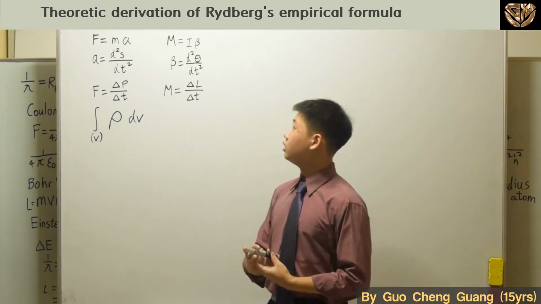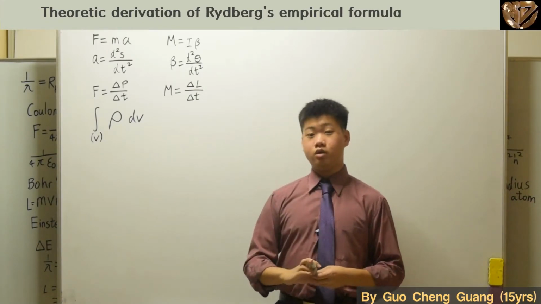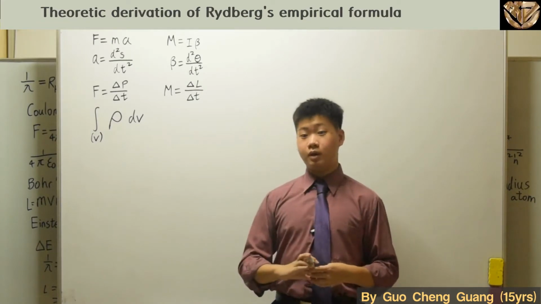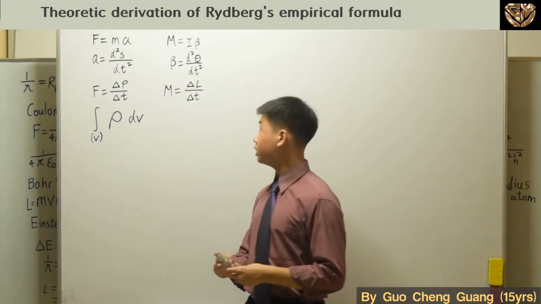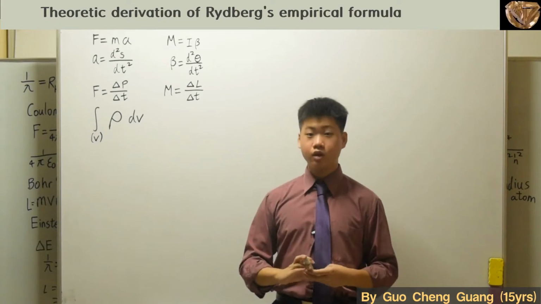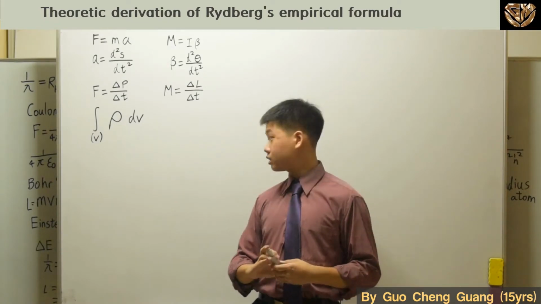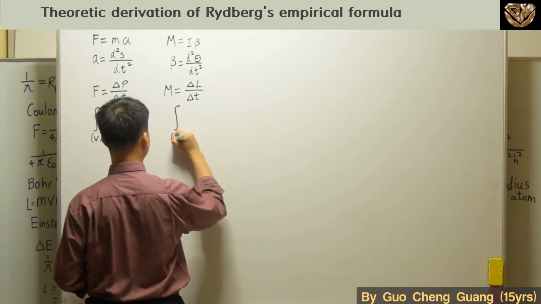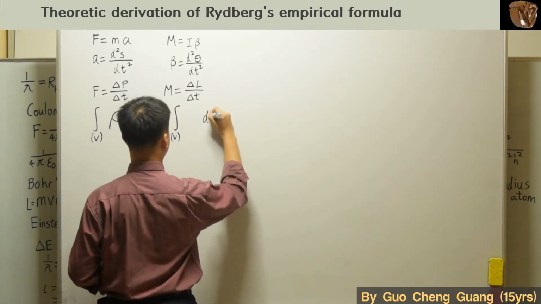Alright? So that is what you could represent M as. For the other part, which is your moment of inertia, also known as I, how can you represent that? Also with integration.